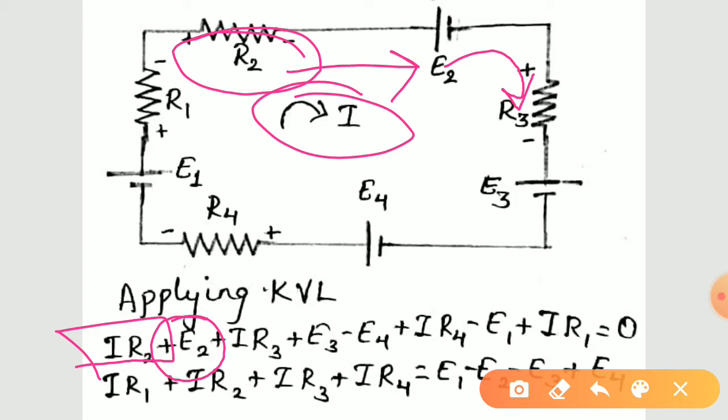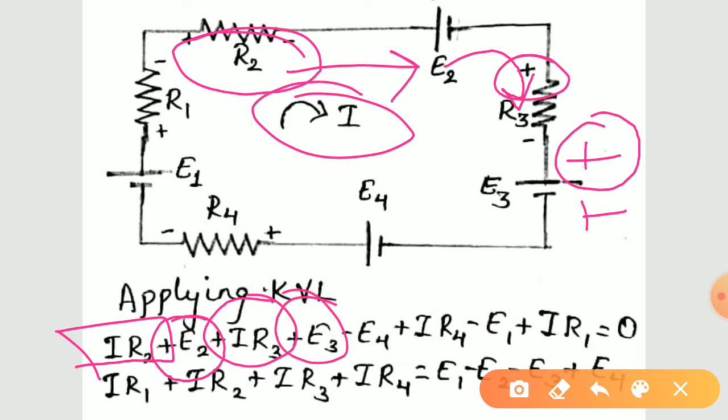Upon current coming to R3, it is plus, so plus IR3 voltage drop across R3. While coming to battery E3, it is plus and minus, entering of current in this battery is plus, so it is plus E3. Coming to E4, it is minus and plus, entering point is minus, so I write minus E4.